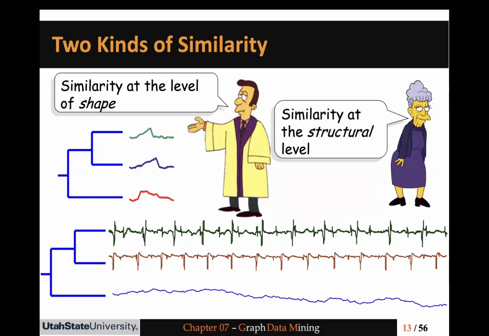Similarity at the structural level, on the other hand, focuses on other notions. And when I say structure, I should start by defining what a structure is. Number one is the trend. The second thing is the seasonality, meaning that if there is a pattern that happens every season in time, then we should see a pattern happening on the other time series every season too.